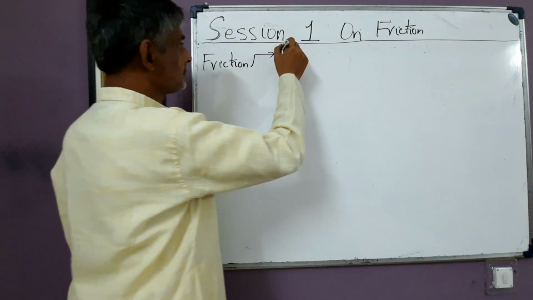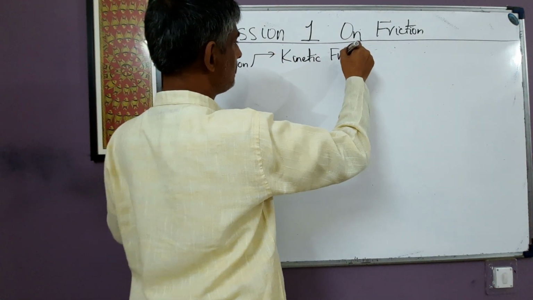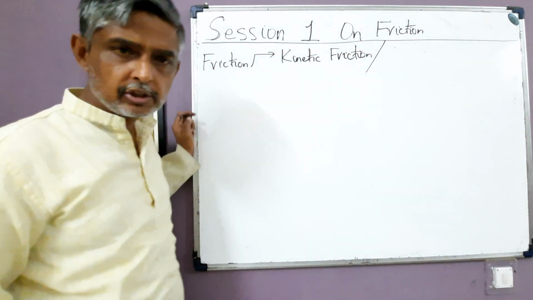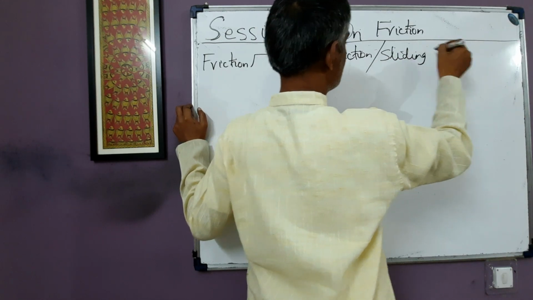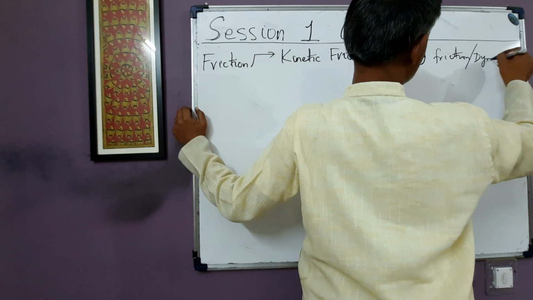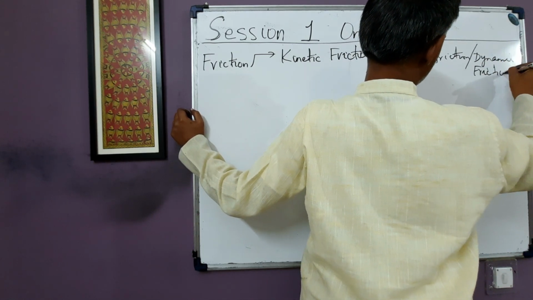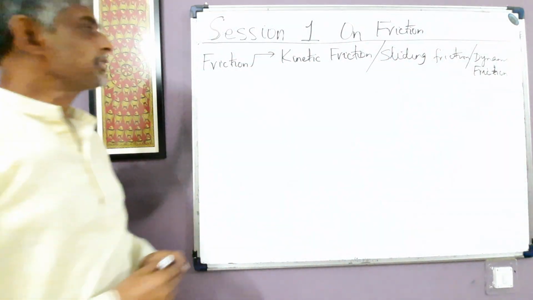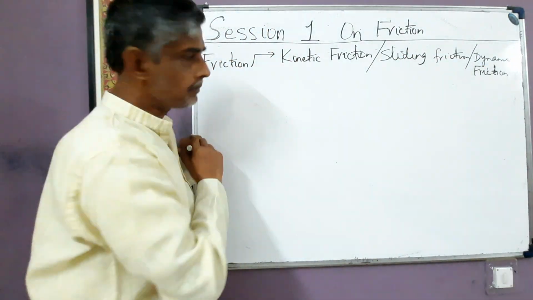It has various names: sliding friction or dynamic friction. So one category of friction is kinetic friction, sliding friction or dynamic friction. They all mean the same thing.